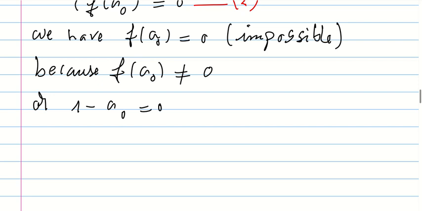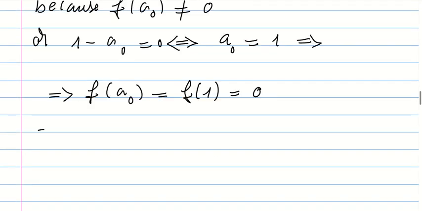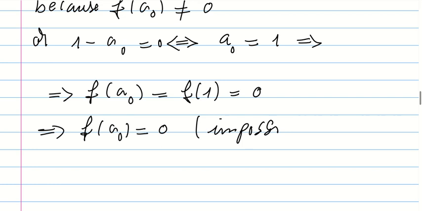This means that a 0 equals 1, which implies that f of a 0 equals f of 1, which is equal to 0, which implies that f of a 0 equals 0, and also in this case it is impossible.